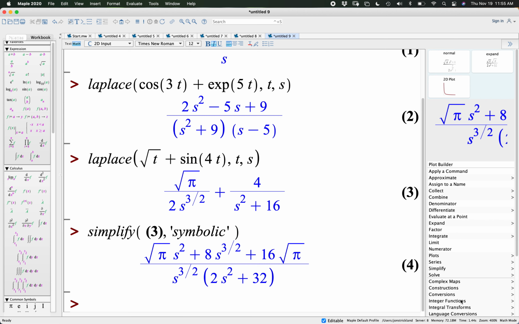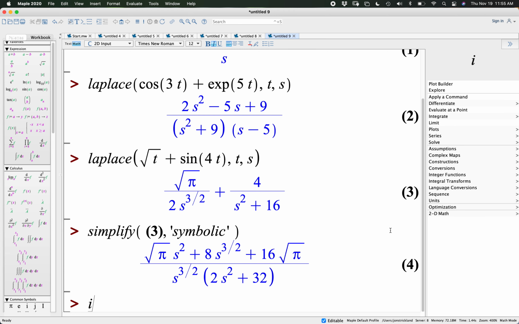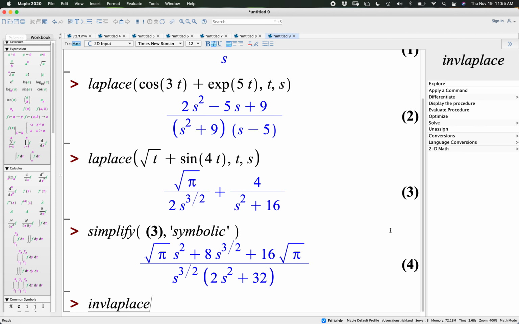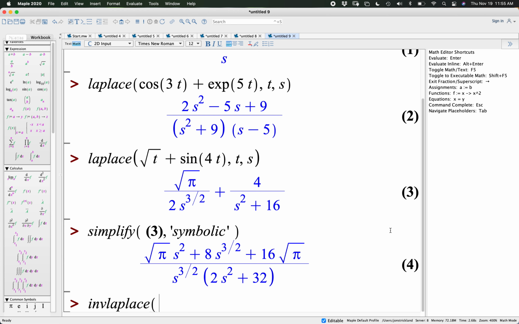Now let's say I'm going the other way around, because we took terms in t and converted to the Laplace transform counterpart. But if I wanted to go the other way around, for your command, this is going to be INVLAPLACE, INV for inverse Laplace.